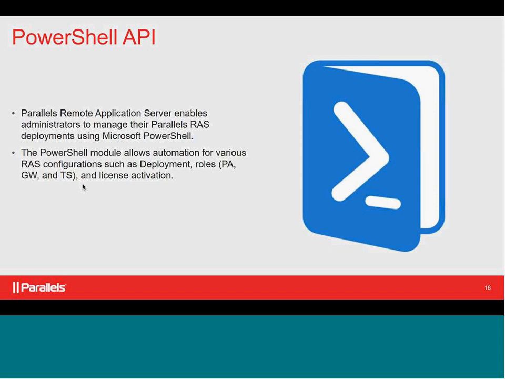For installing, updating RAS, or changing configurations behind the scenes, like adding or removing terminal servers or remote desktop servers, gateways, activating licenses, and such, we did a more comprehensive API that was introduced in version 15.5, and we have made improvements to the API in version 16.